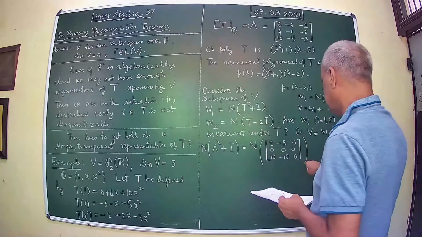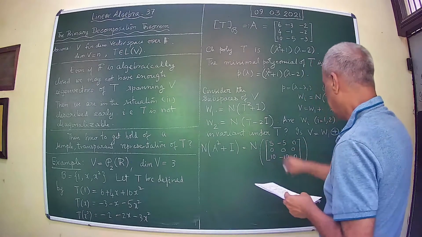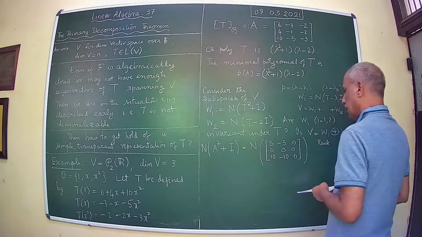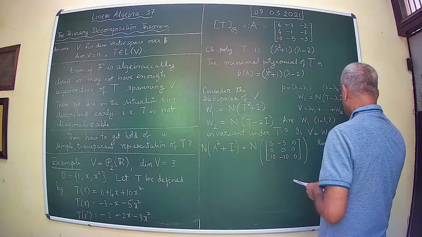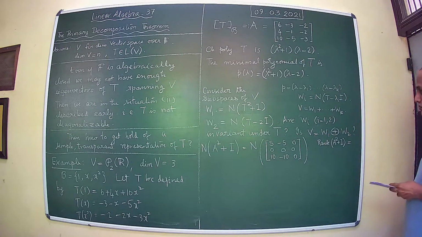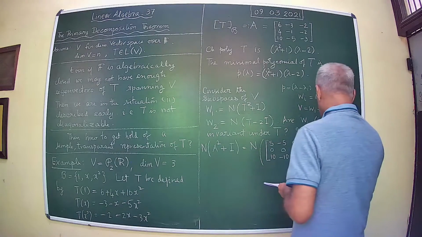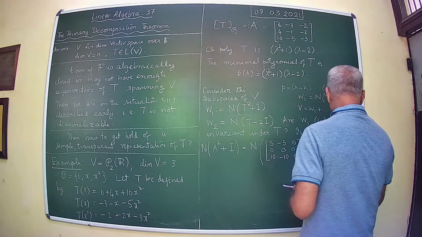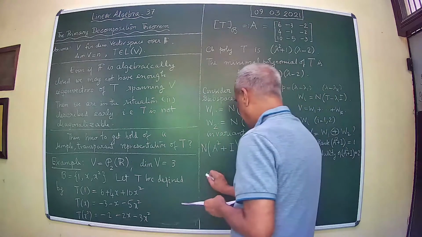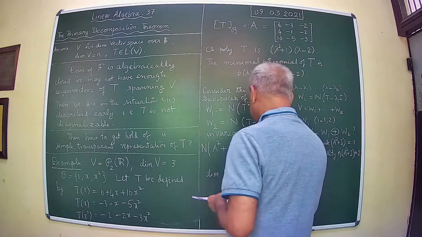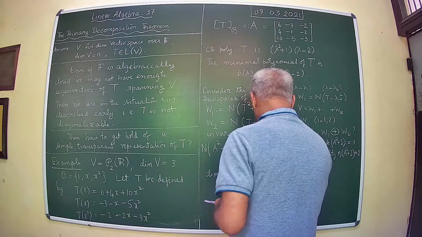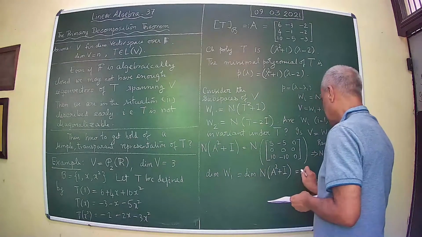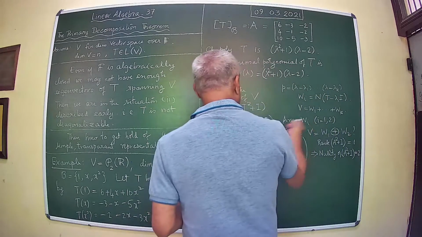Now a moment's inspection of this transformation sitting inside, you will see that the rank of this is equal to 5, which implies that dimension of W1 is equal to... similarly, but the other part is different.